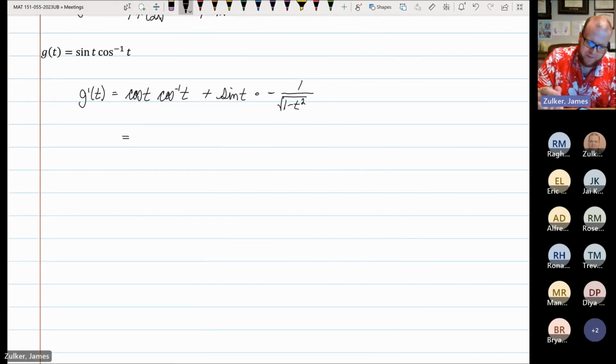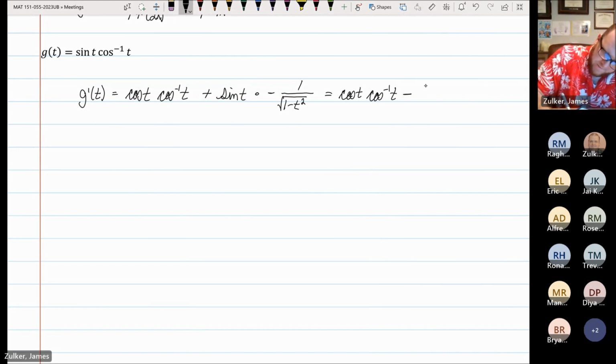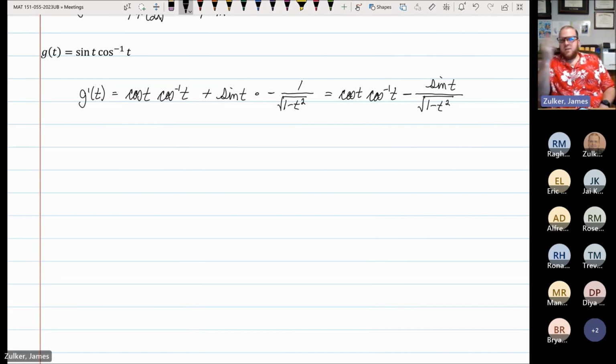We now simplify this. And by simplify, just basically rewrite it. We get cosine of t times the inverse cosine of t minus sine of t over the square root of 1 minus t squared.